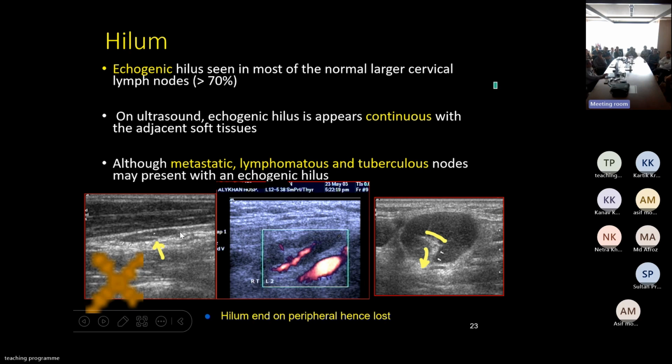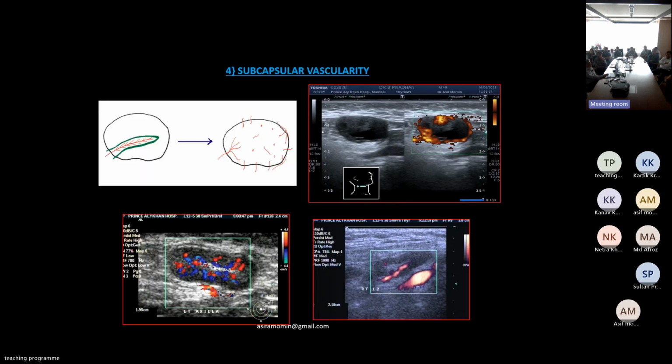So erroneously, some reports outside write that the hilum is lost, but actually it may be seen by the side and you don't tend to see it. And if not the hilum, sometimes you see the hilar vascularity and you know the hilum is present there in the normal position. Sometimes there's a focal cortical bulge which will allow the hilum to get displaced, and this is the sign by which we say this is an indeterminate node and tend to do FNAC of such nodes.